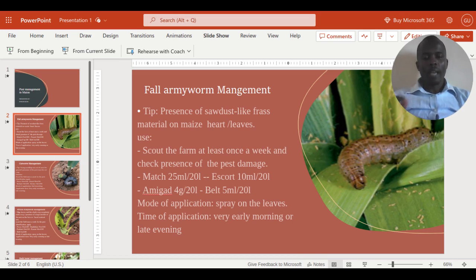So if you apply very late in the evening, when they are coming from the hiding zone, they will find the chemical reacting with them. Then tomorrow, if you visit the farm, you will find most of those insects have died. Or you apply early in the morning, when they are still feeding on the crops before the sunshine.